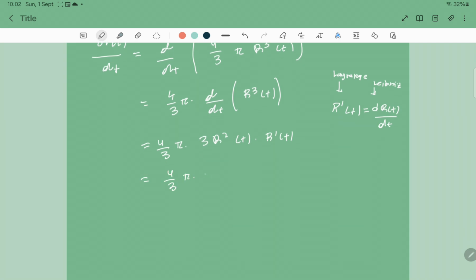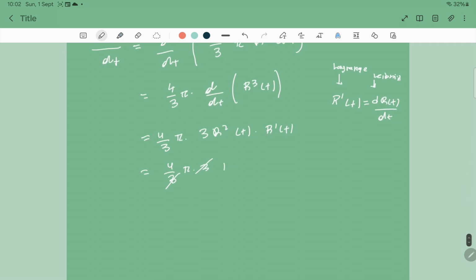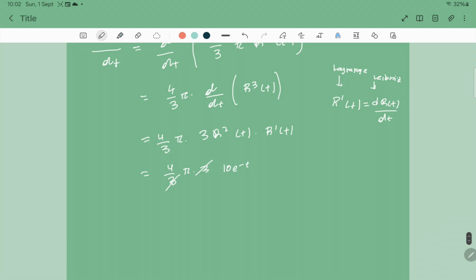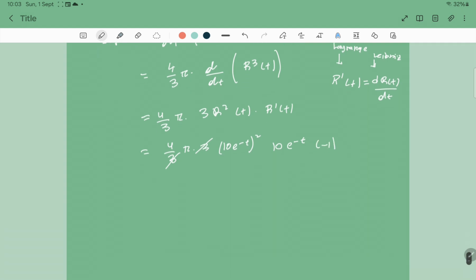Now let's substitute, let's do some cancellations. The threes can be simplified. The radius is 10 times e to the minus t, squared, and then we have the derivative of the function, which is 10 e to the minus t times minus 1.